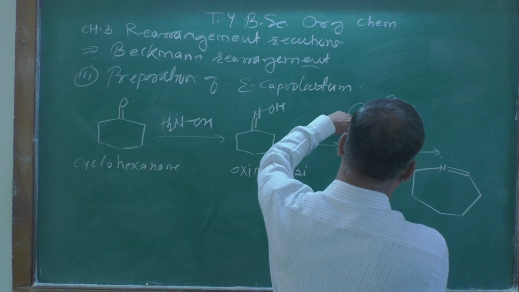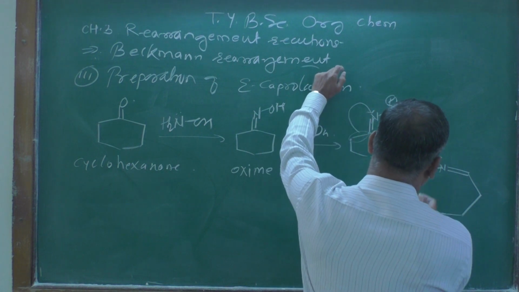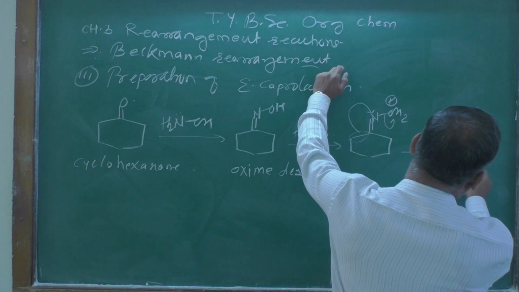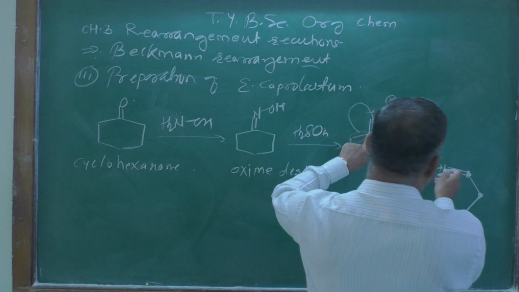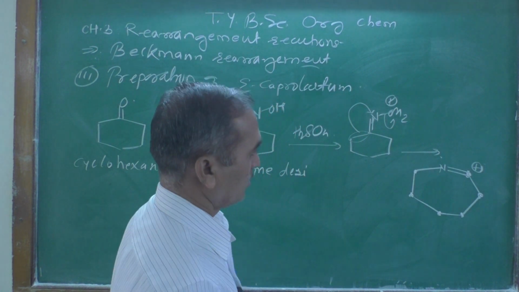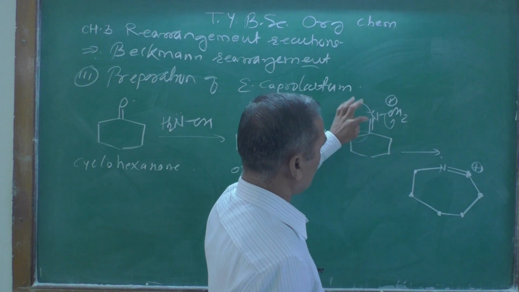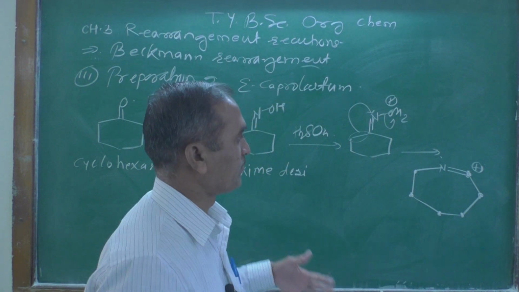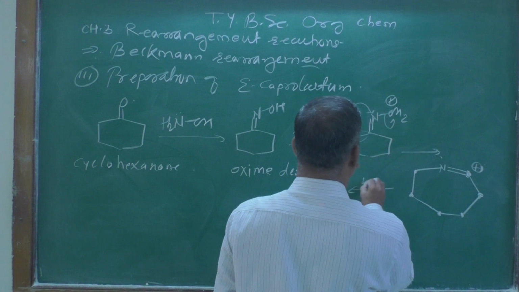How many carbon atoms are there? 1, 2, 3, 4, 5 and 6. These are the 6 carbon atoms. Now when this bond is broken, what is going to happen? There must be a positive charge. Look at this one carefully. The 6 carbon atoms remain as they are, only this double bond we have included into that, and now there is an attack of water, H2O.